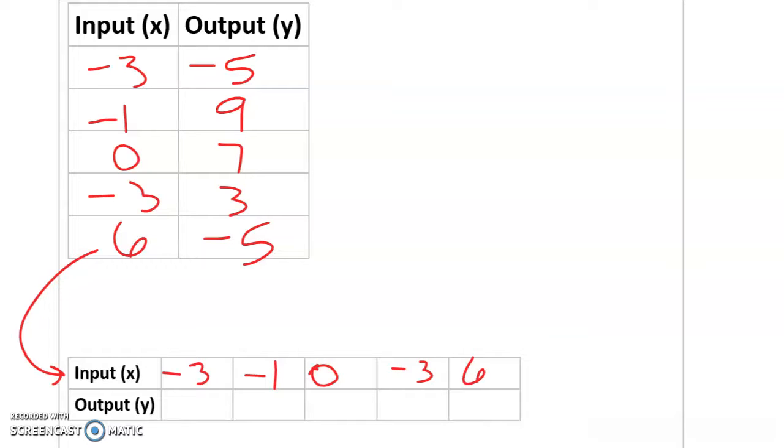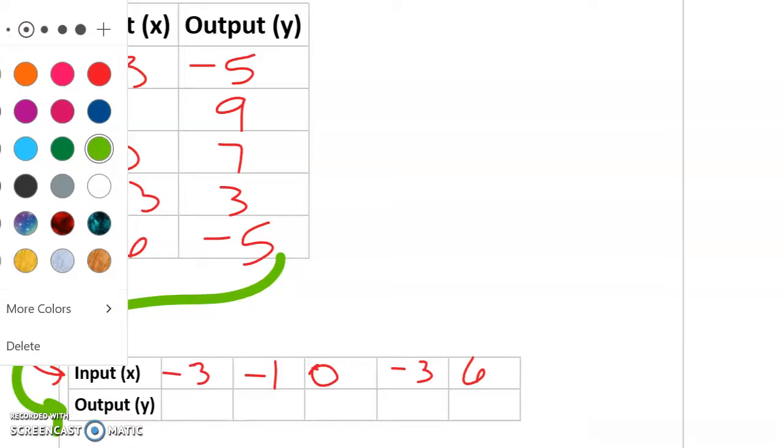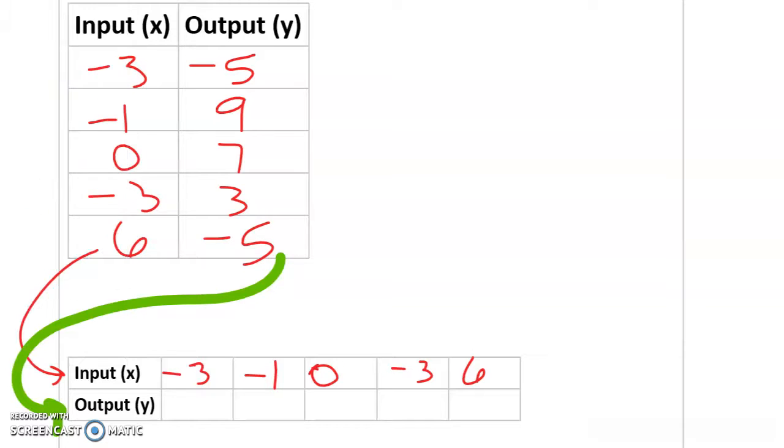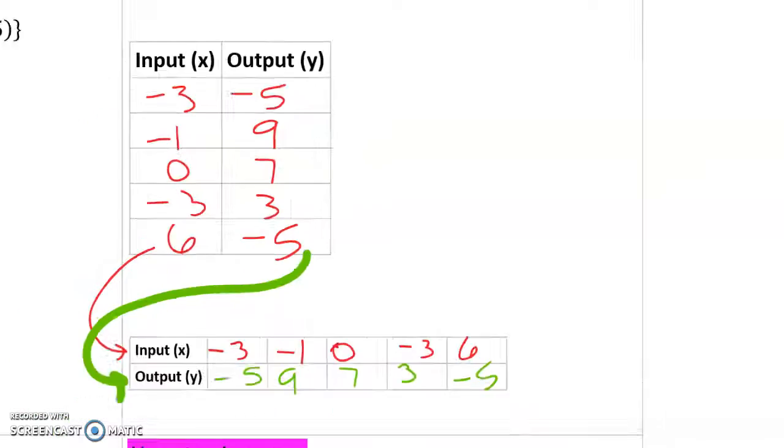Then the same thing happens with our outputs. We start from the top and work our way down. -5 is paired with -3, 9 is paired with -1, 7 was the output for 0, 3 was the output for -3, and -5 was the output for 6.